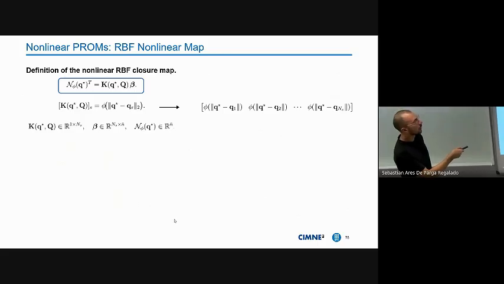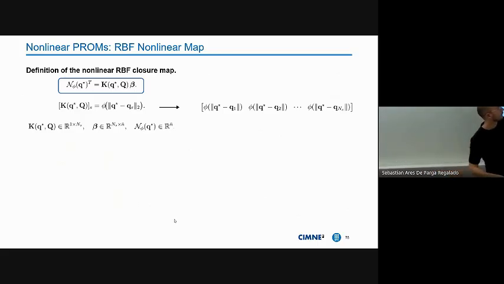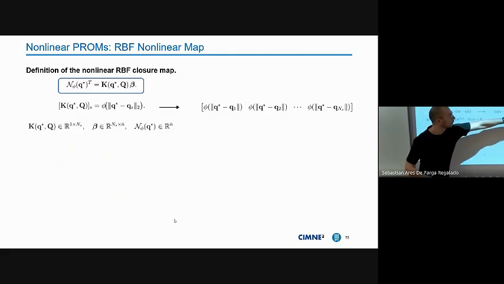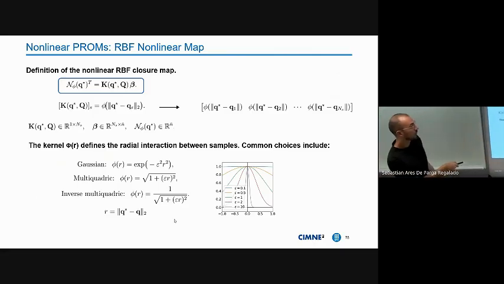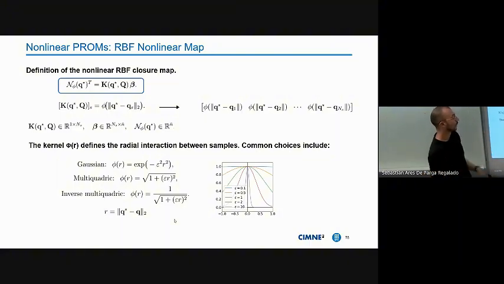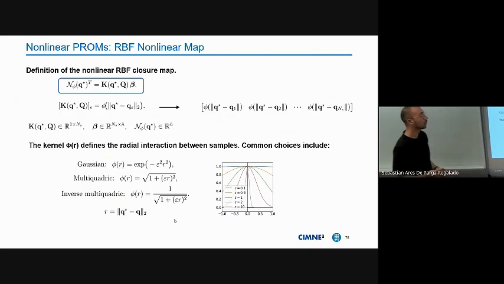Once you have your data, let's say we have a new point Q star, you evaluate Q star minus Q1 of your training data, Q2, Qn, in some already defined kernels, which can be a Gaussian, multiquadric, or inverse multiquadric. These kernels often look like this, and what you need to decide is the best pick of your smoothing or shape parameter, and also which is the best kernel to use, for instance.